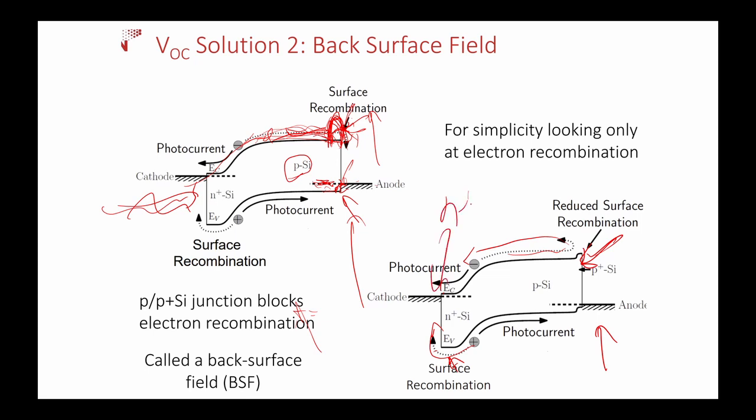This region, n plus, is the front surface field, and this is the back surface field. These are some of the engineering steps that have been done to make the solar cell more efficient.